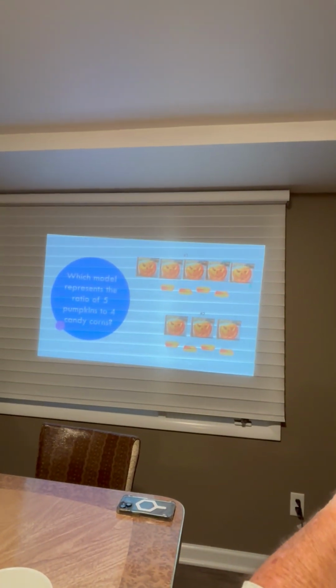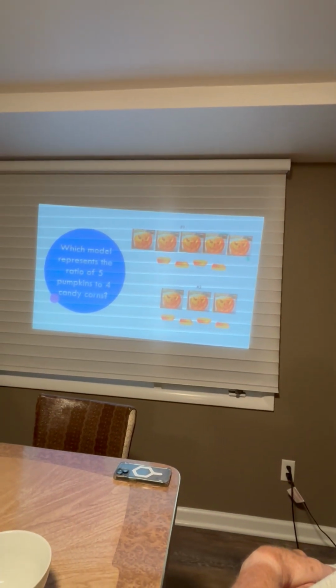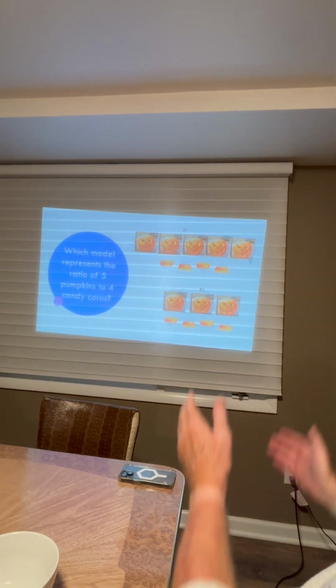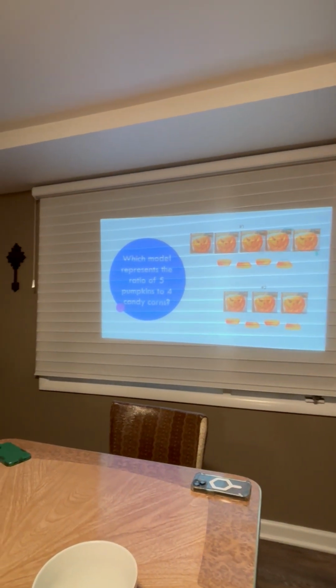Marley, what do you think it is? I think it's number 1. Exactly, because in number 1 we have 1, 2, 3, 4, 5 pumpkins and 1, 2, 3, 4 candy corns. Perfect, good job.